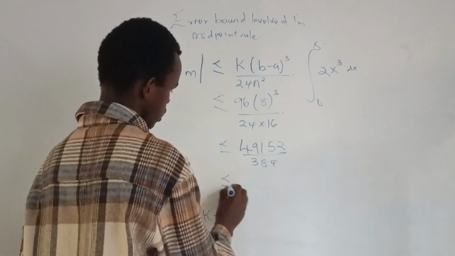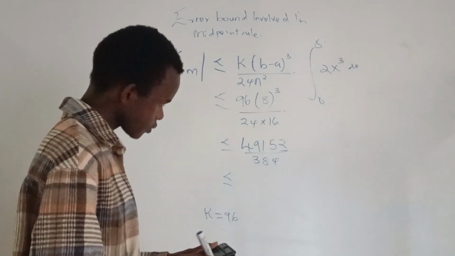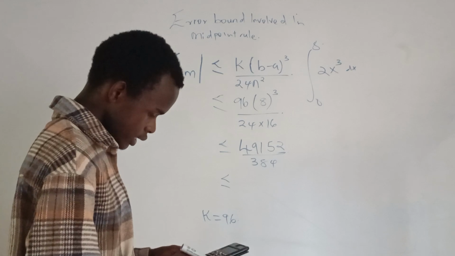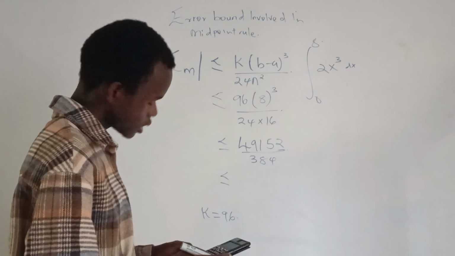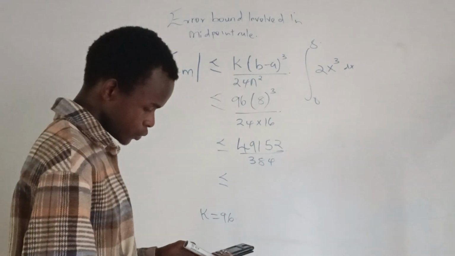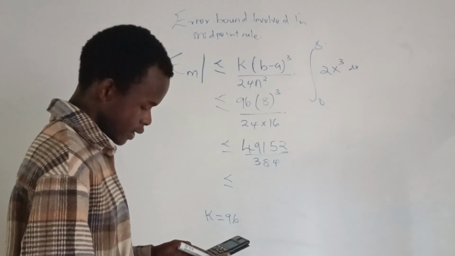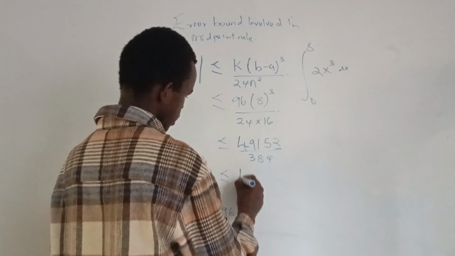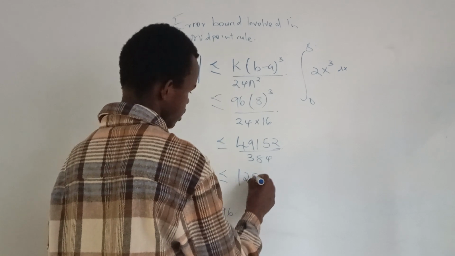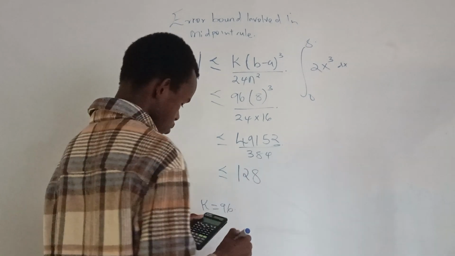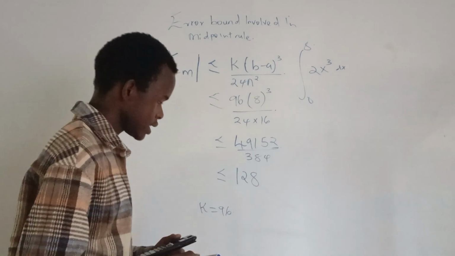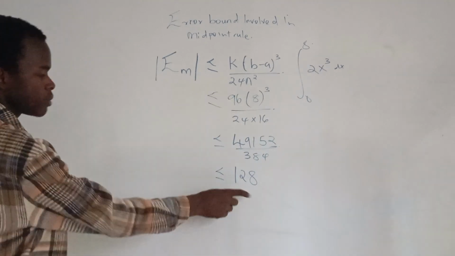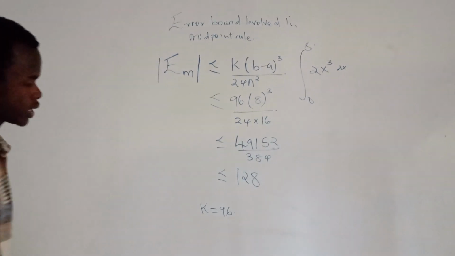So our error bound would be 49,152 divided by 384. So our maximum error we are allowed to create is 128.